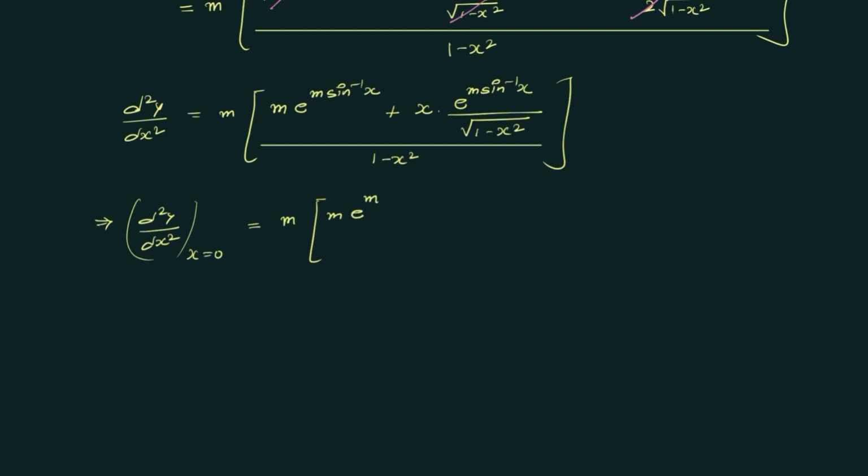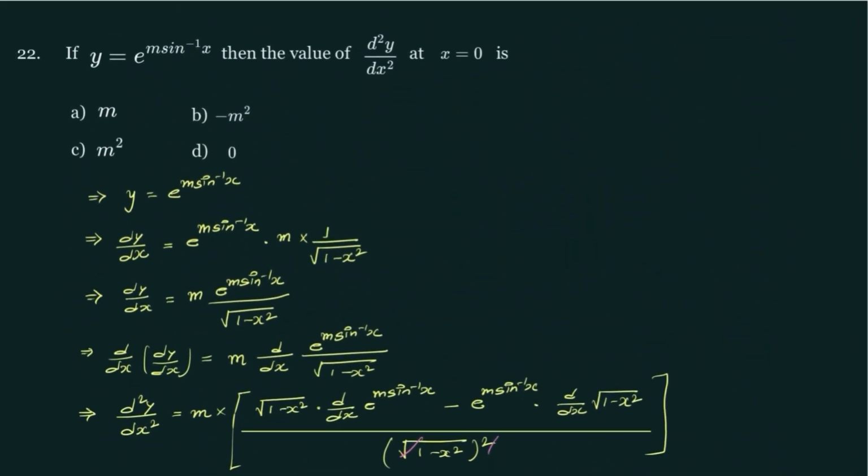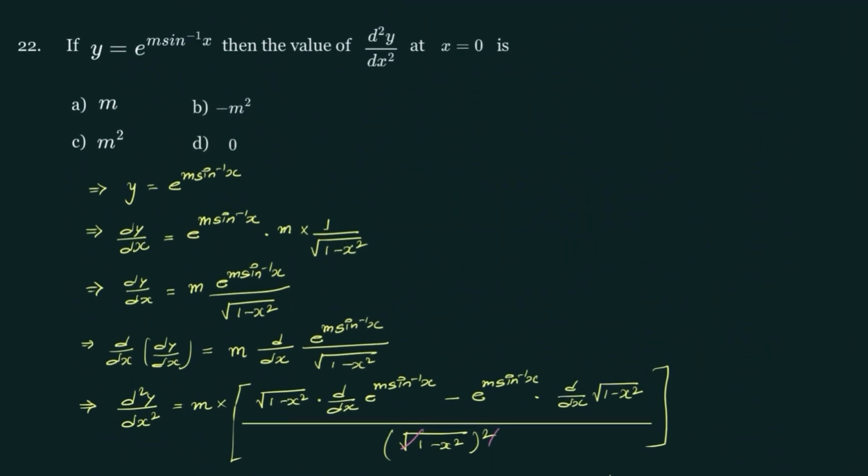Sine inverse of 0 is 0, so it will be 0 plus this whole portion will be 0 because there is x times, so it will be 0 divided by 1 minus 0 square. So it will be equal to m into m e to the power 0, which is 1, so m by 1. Hence ultimately we will get the value as m square. That means my correct option is option number C.